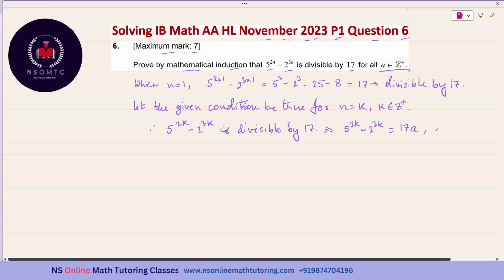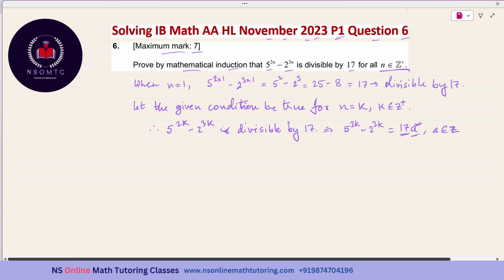Okay, a is an integer. Only when you have, say, 17 times 1 or 17 times 2 or 17 times negative 1, 17 times positive 5, a is an integer only when you have an integer multiple of 17.